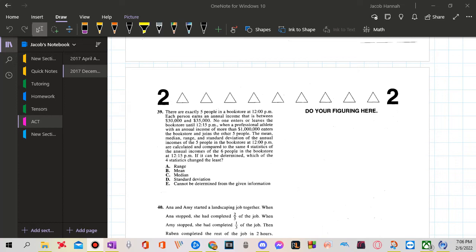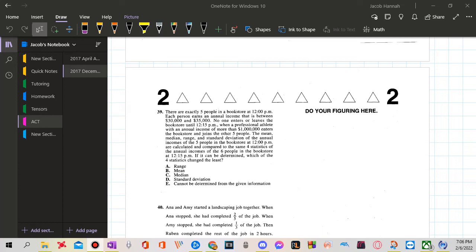No one enters or leaves the bookstore until 12:15, when a professional athlete with an annual income of more than $1 million enters the bookstore and joins the other 5 people. The mean, median, range, and standard deviation of the annual incomes of the 5 people in the store at 12 p.m. are calculated and compared to the same 4 statistics of the annual income of the 6 people in the bookstore at 12:15 p.m.